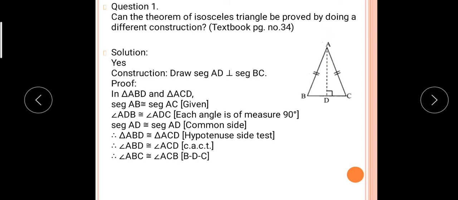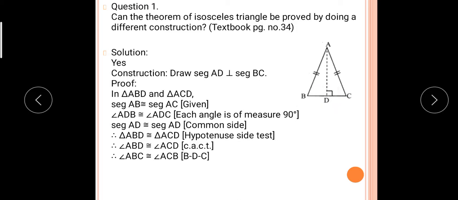Segment AB is equal to AC. This is given. Angles ADB and ADC are 90 degrees each. And segment AD is equal to segment AD. This is common. One side, the hypotenuse, and a 90 degree angle are there, so they are congruent.